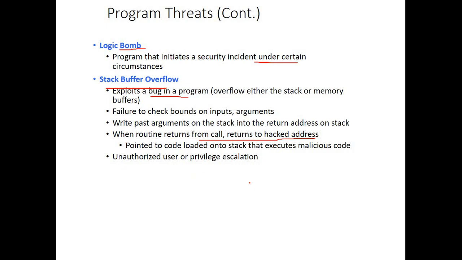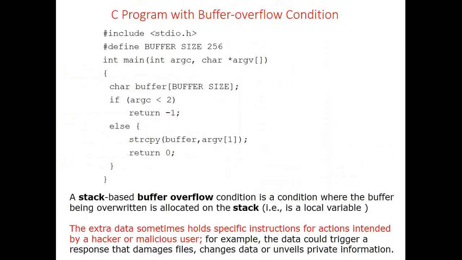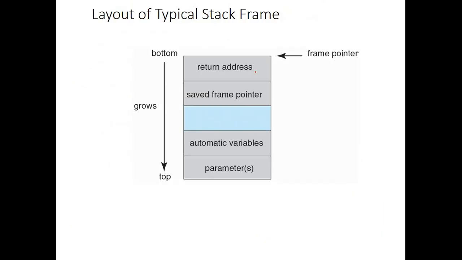Generally, the contents of the stack are like this. When a program has a function call to a different function, before control is passed on to the called function, the calling program will store the return address and save the frame pointers, automatic variables and other parameters into the stack, and then control will be passed on to the called program.